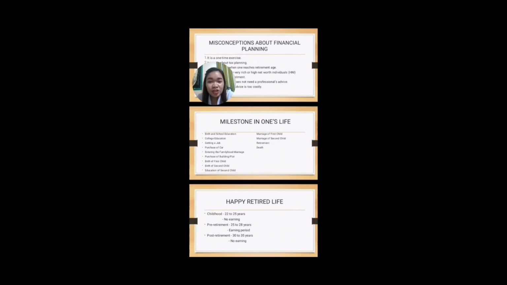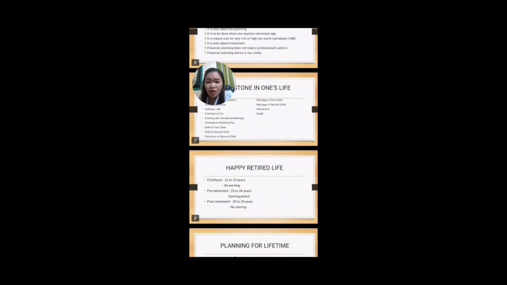Birth of first child, the firstborn. Birth of second child. Education of second child, you send your second child to school. Marriage of first child. Marriage of second child also. Retirement, right? Retirement near the end. And death, the end. Okay.